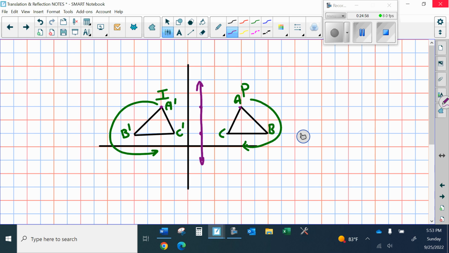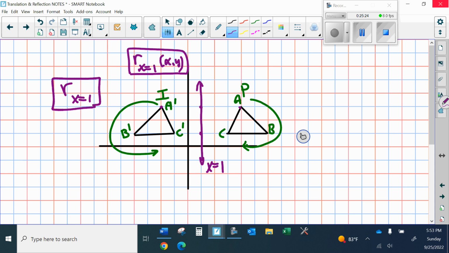So what's the equation of that line? x equals 1. So this rule would be a reflection over x equals 1 of (x, y), of whatever my original point is. So there's the rule itself. You could just write reflection over the line x equals 1, and take that for your answer.